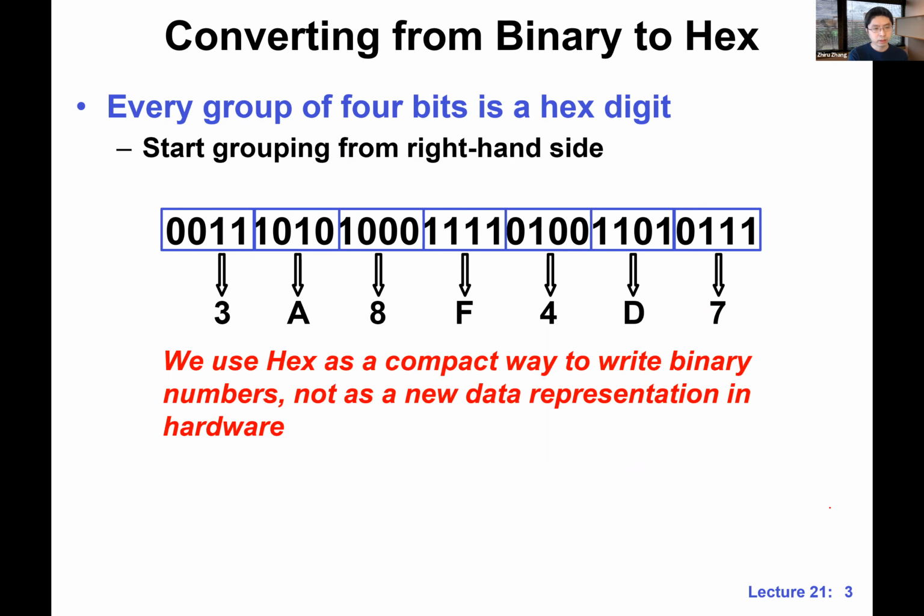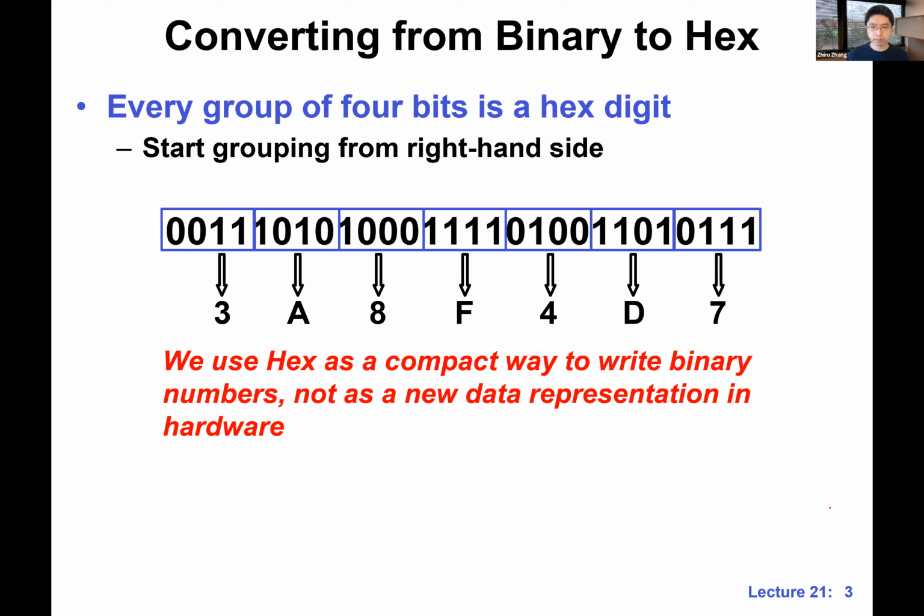This is very straightforward, but one thing I want to note, as I already mentioned: with hex digits, we are not using this as a new kind of data representation in our hardware. That's not the case. Our hardware only understands binary numbers. Instead, we are using hexadecimal numbers as a more compact way to write binary strings.